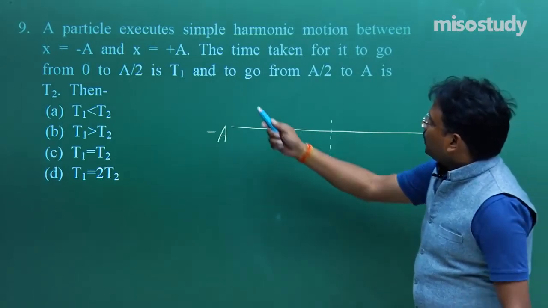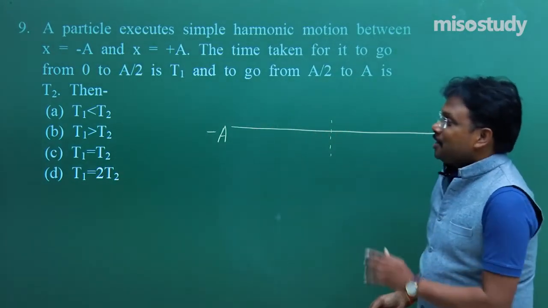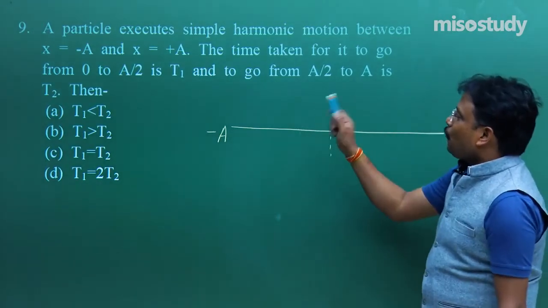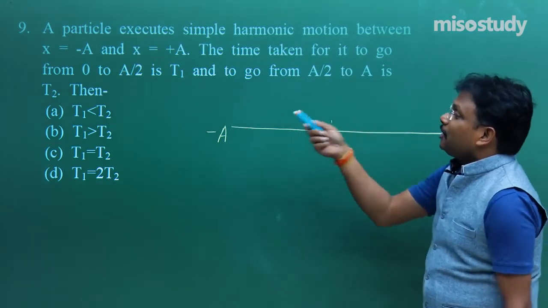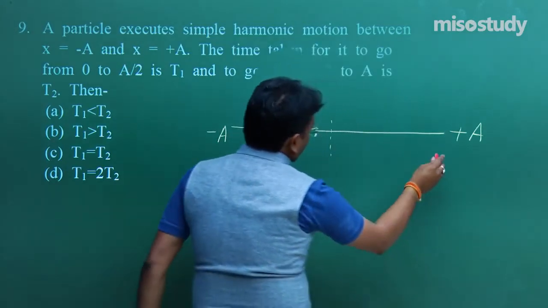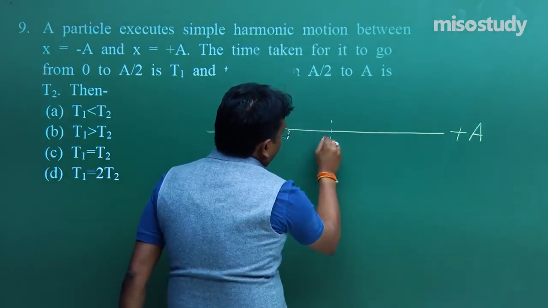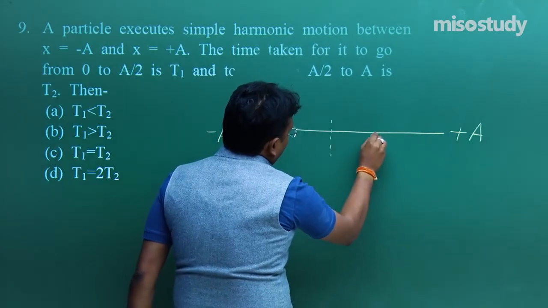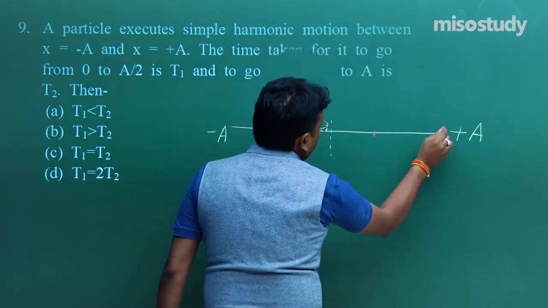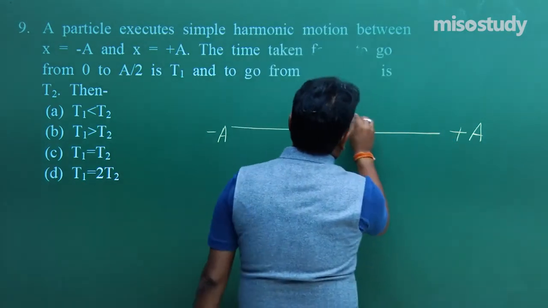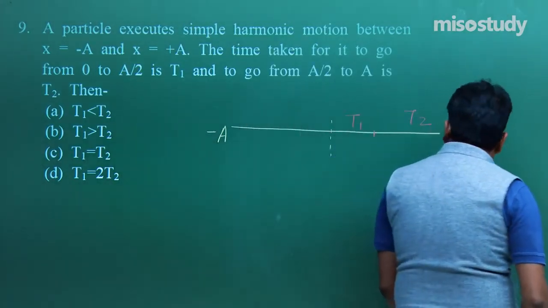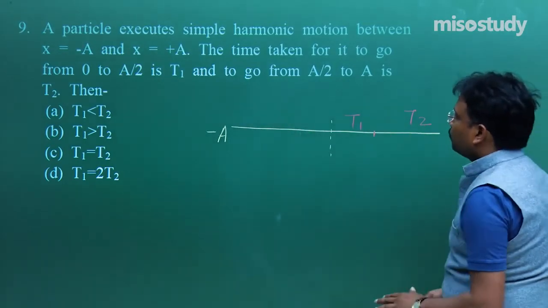The time taken for it to go from 0 to a by 2 is t1, and to go from a by 2 to a is t2. So this entire distance is a, positive. From 0 to a by 2 is one aspect, and from here to here is the remaining half distance. This time is t1, this time is t2.